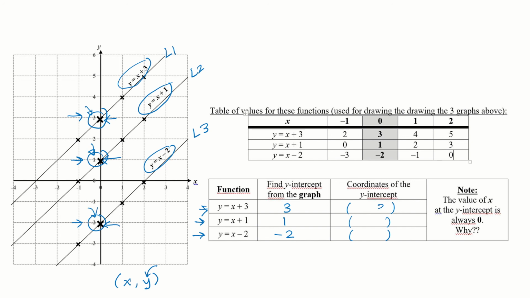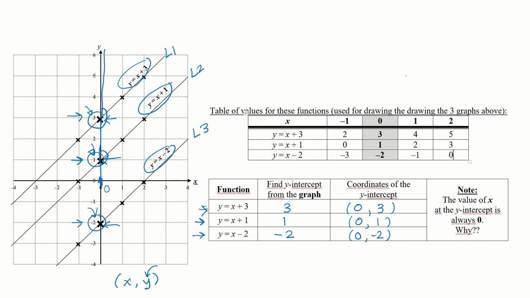So we write those down for the y value. But what is the x value along the y-intercept? Go down and see where it cuts the x-axis. What's the value on this x-axis? The value is 0. So the x value is going to be 0.